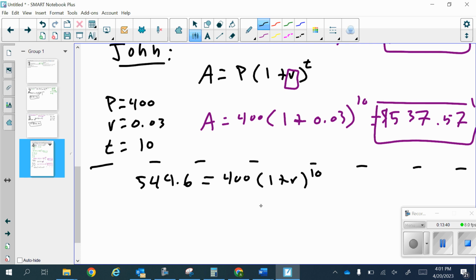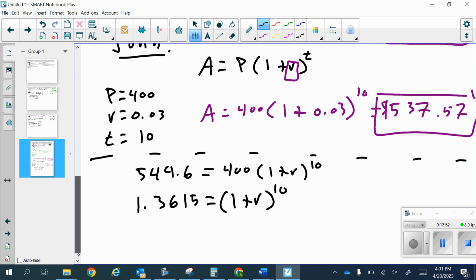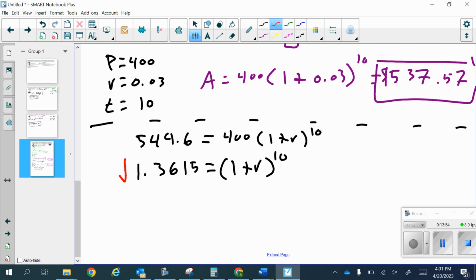So the first thing I'm going to do is divide both sides by 400, and we get 1.3615 equals 1 plus R, all raised to the 10th power. From here, we take the 10th root of both sides. The 10th root of 1.3615 is 1.03134.